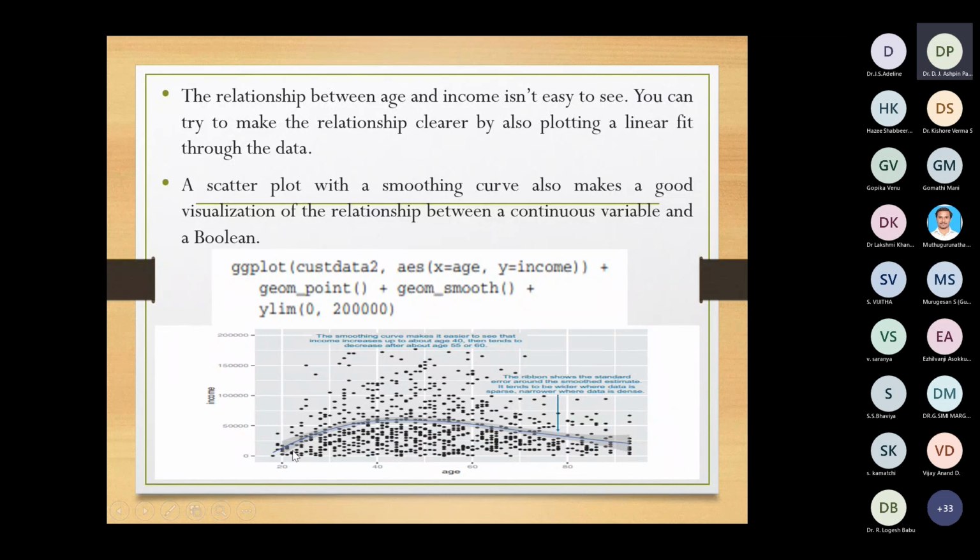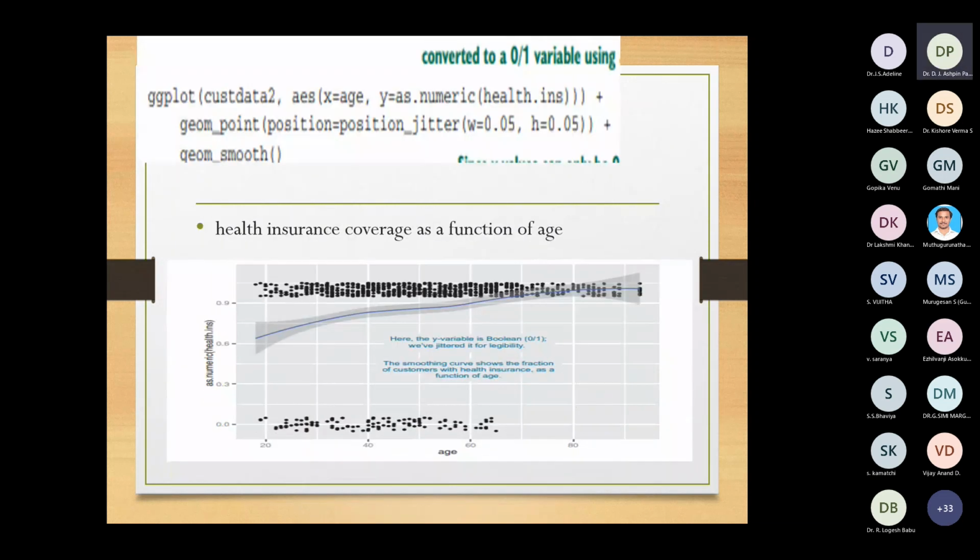And if you want to see the exact meaning of this data set, you have to draw the smoothing curve. So this shows the relationship between a continuous variable and a Boolean. When you want to see the relationship between age and income, it is not an easy one, so you can try to make the relationship clear by plotting a linear fit also.